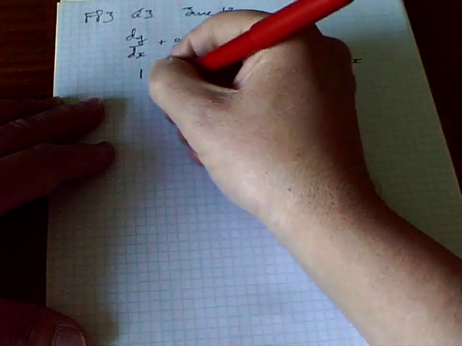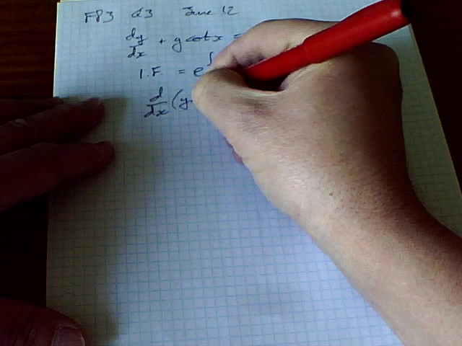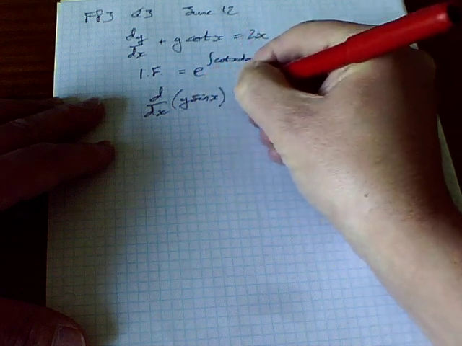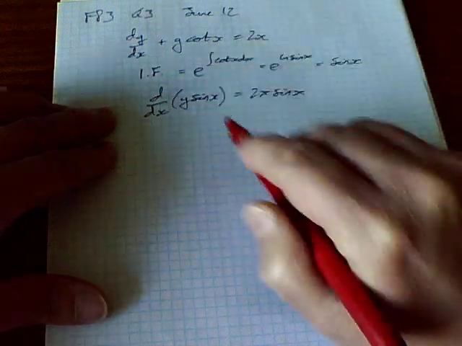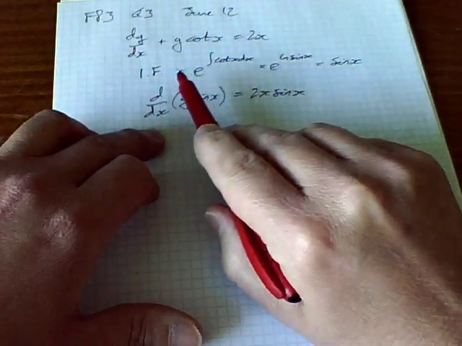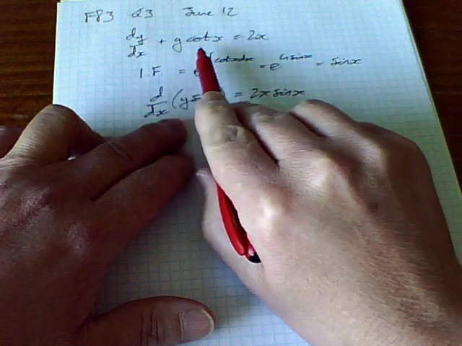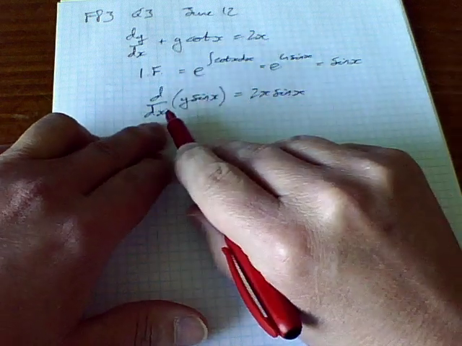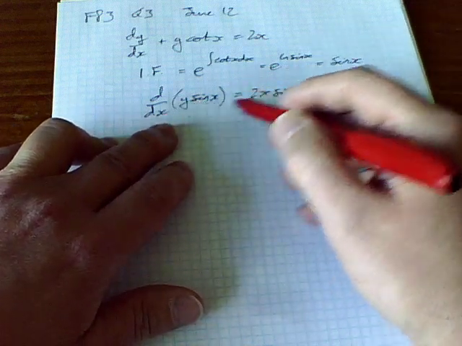So what I'm now allowed to write is that d/dx of y sine x equals 2x sine x, and that's by the miracle of an integrating factor turning a relatively complex differential equation into the derivative of a product, which is going to be relatively easy to solve.